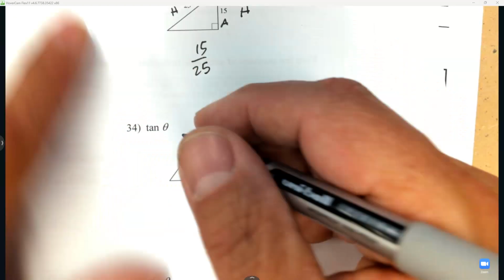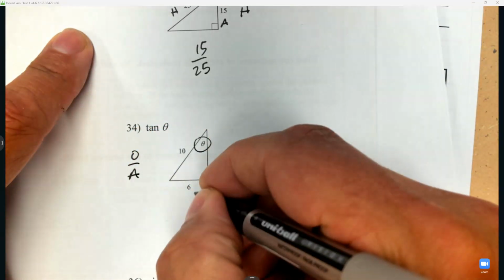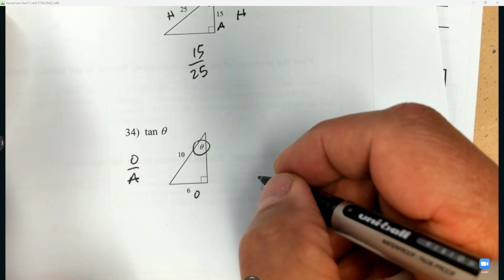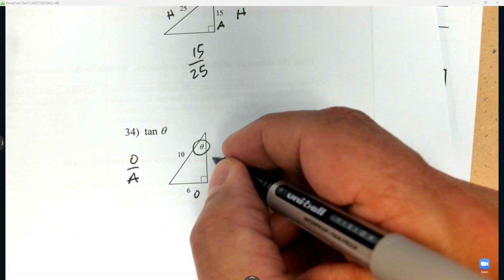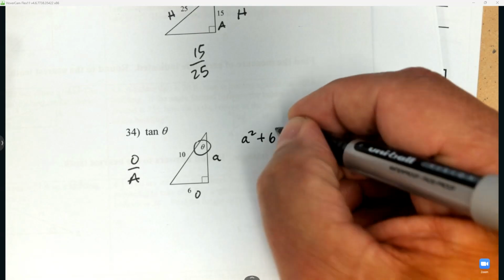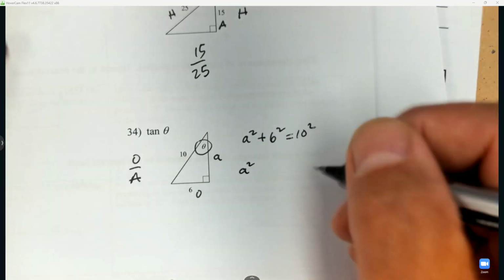Tangent, by definition, is opposite over adjacent. From this angle, 6 is opposite, but 10 is the hypotenuse. So I'm actually missing this side here. I'm going to call that A, and I'm going to use the Pythagorean theorem to solve it.